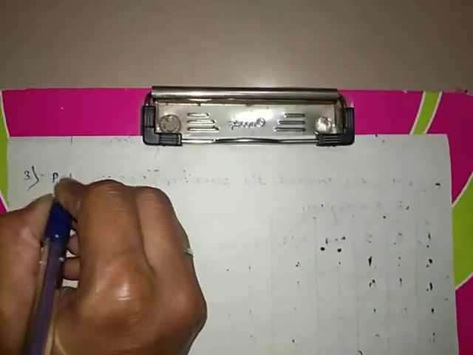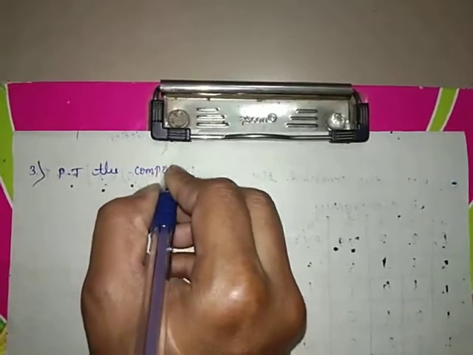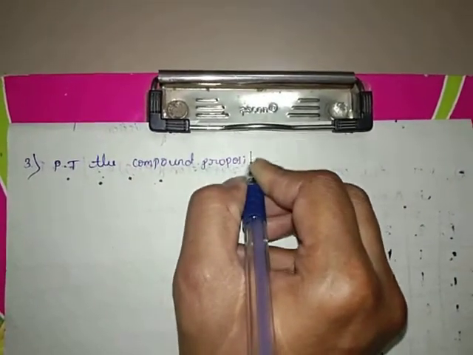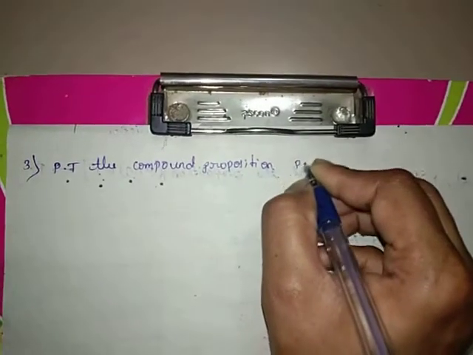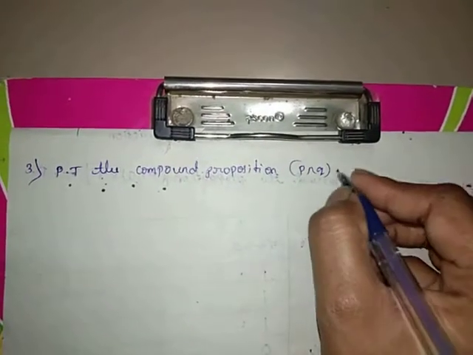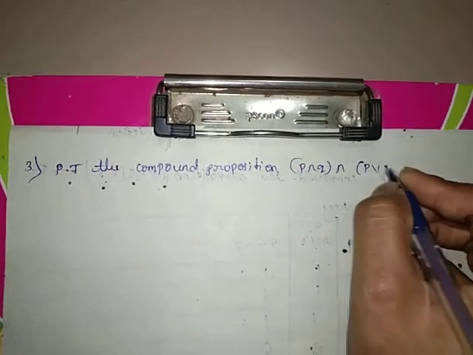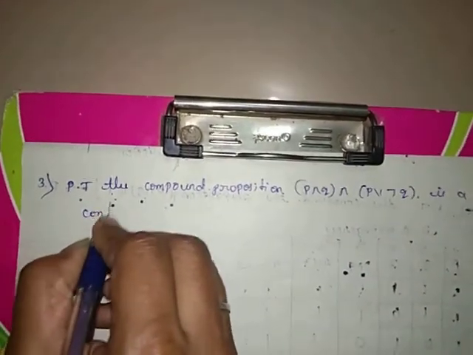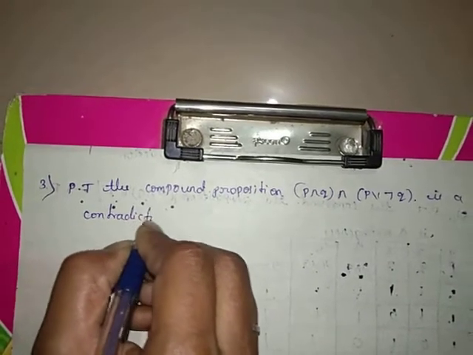Prove that the compound proposition (P and Q) and (negation of P or Q) is a contradiction.